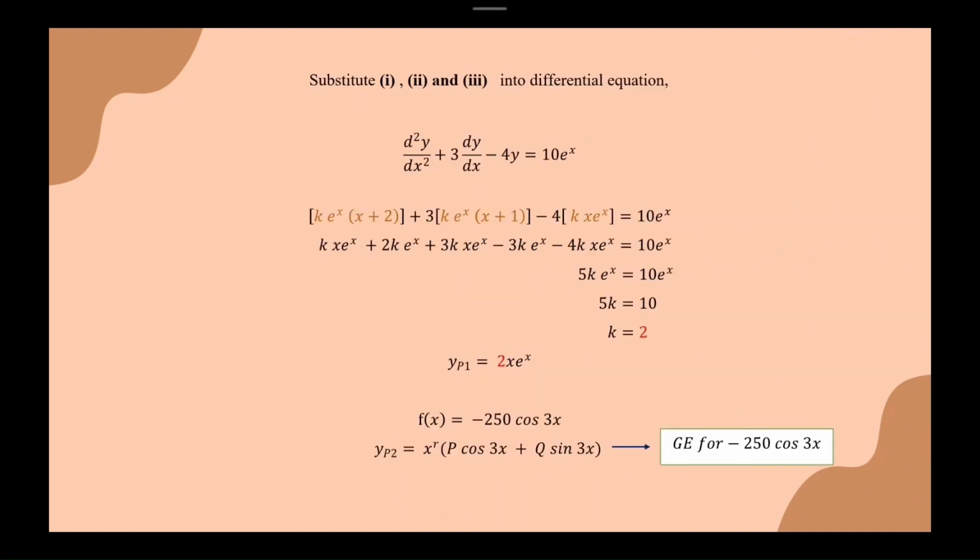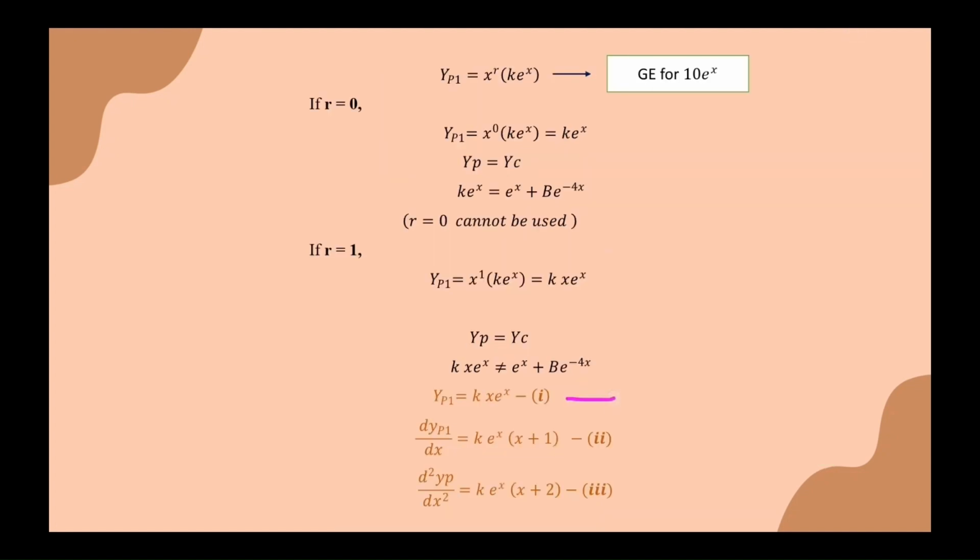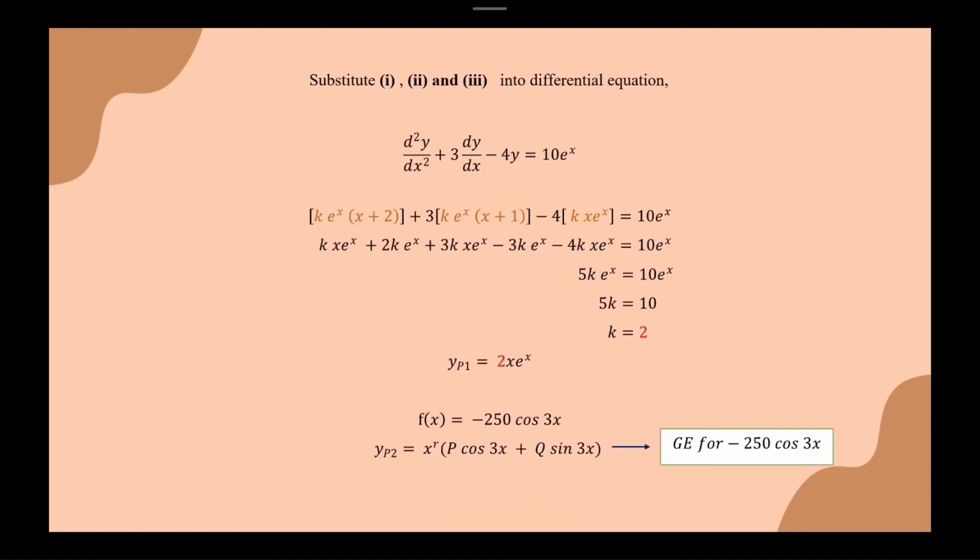Once we have determined the first derivative and second derivative, you can substitute these first, second, and third equations into the differential equation that we derived in the beginning, together with the coefficients.